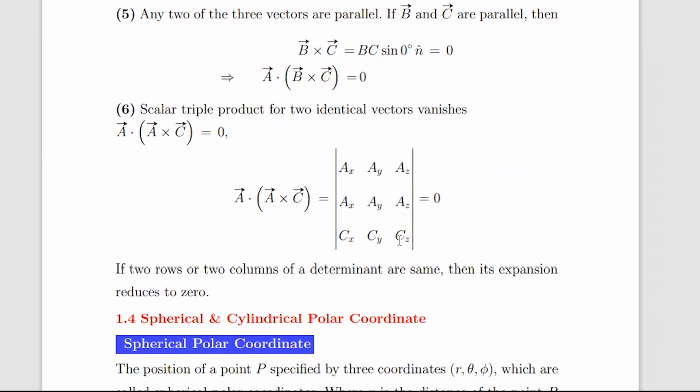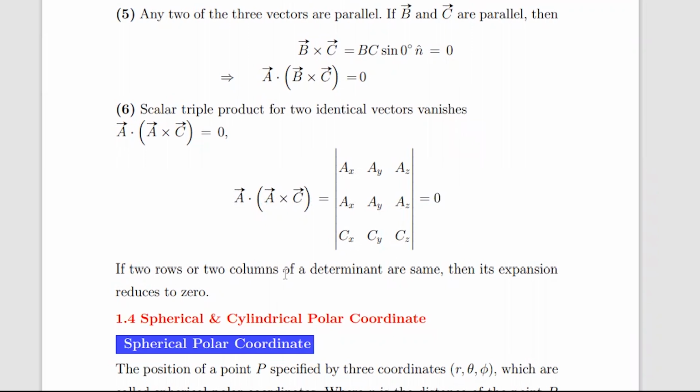First column: AyCz minus AzCy. Again minus, AyAxCz minus CxAz. All these terms will cancel each other, and you will get a zero magnitude.